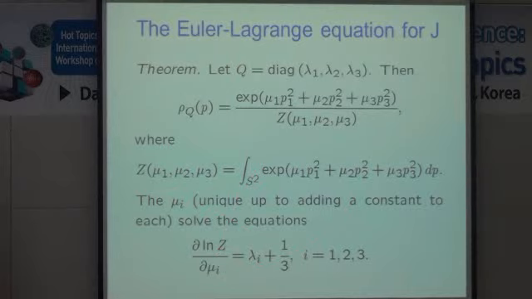Okay. So you have to show that the minimizer does satisfy the Euler Lagrange equation.